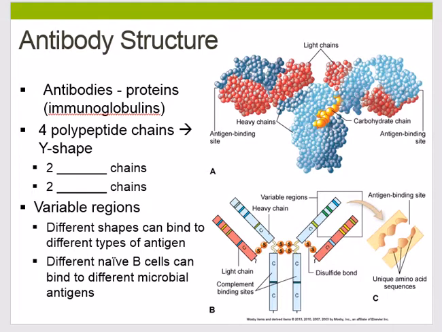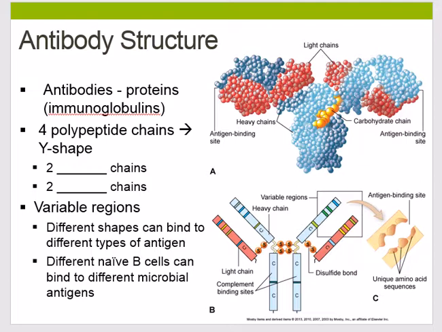Immunoglobulins contain what are called variable regions, which are regions where the sequence of amino acids varies in different antibody molecules. So I'm referring to the sequence here. The sequence varies, and that's why they're called variable regions. It's just represented by these colored bars that you can see in Figure B. These regions can take different shapes, which can bind to different types of antigens.